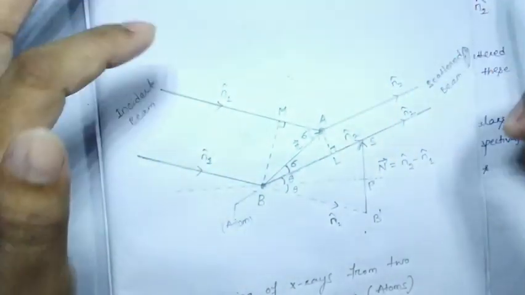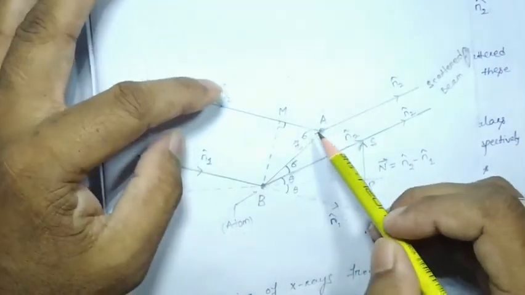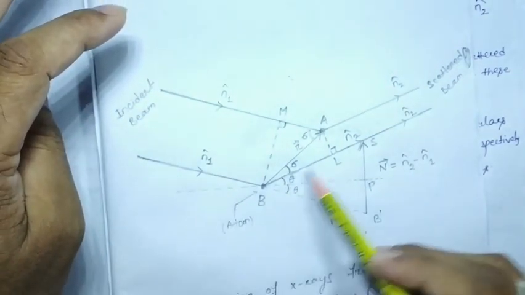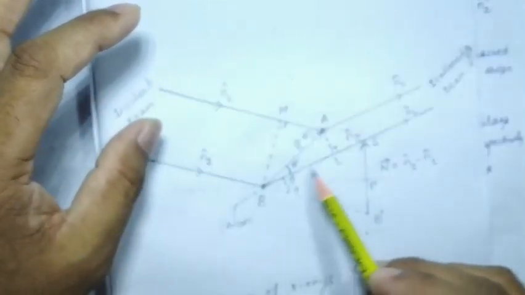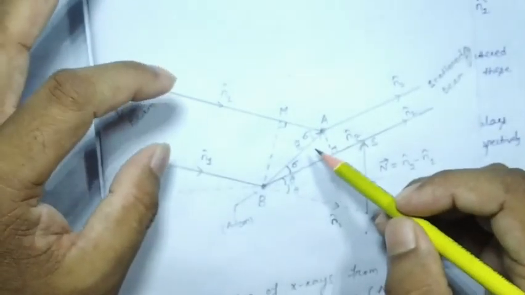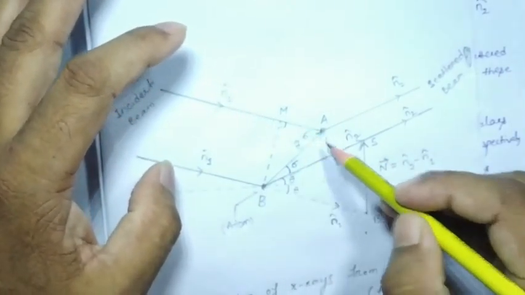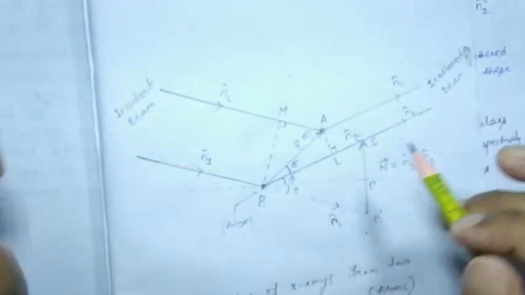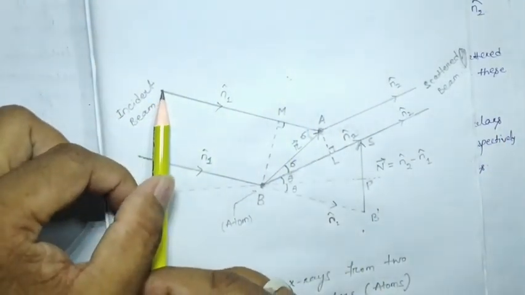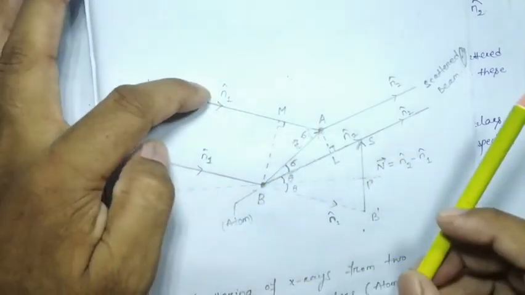So what is the extra path? The extra path travelled by this ray is AM. The extra path travelled by this other ray is BL. So the path difference between this ray and this ray will be BL minus MA. Again, I am going to explain carefully, you have to watch. Suppose this ray starts from here to M, and this one from here to B, this is the perpendicular, both are the same distance.